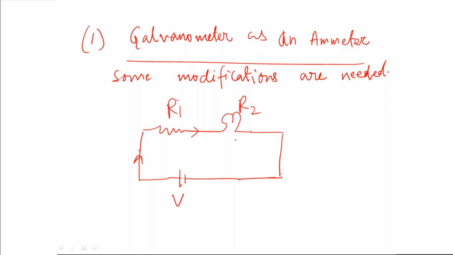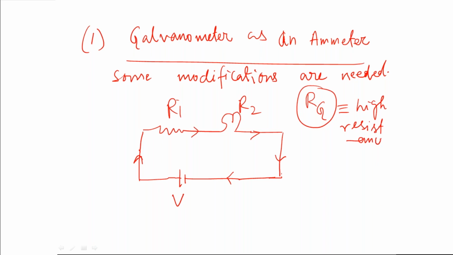a galvanometer. Let me tell you, a galvanometer actually has a high resistance, which I will write as RG. So the galvanometer has high resistance. Suppose I want to measure current in this circuit, I have to use an ammeter.